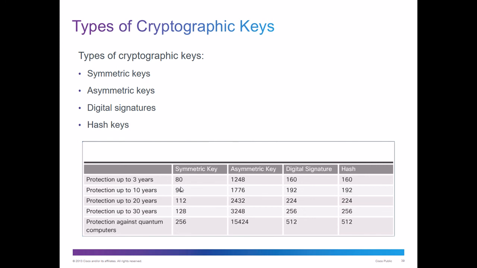For symmetric keys, you can have 80 bits, 96, 112 if you want. 128-bit symmetric keys is probably the one that you use if you need 128 bits. So they're all pretty good. Regardless, as long as you encrypt the data, you don't have much to worry about.